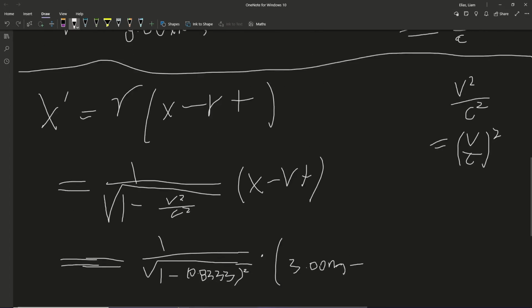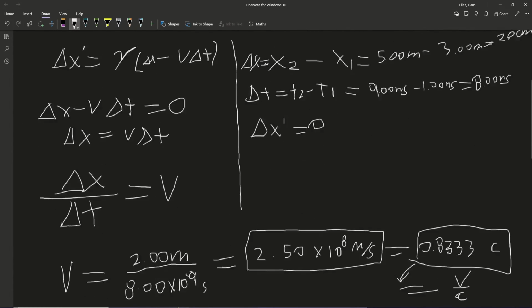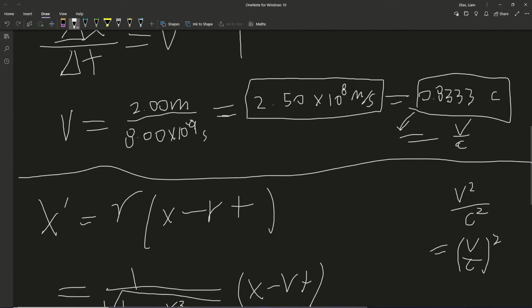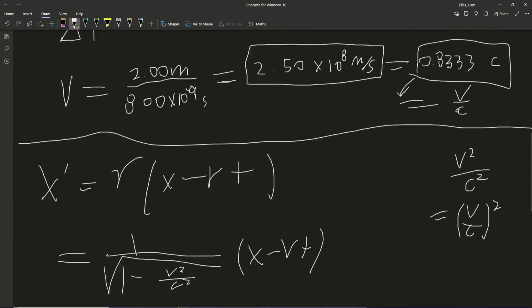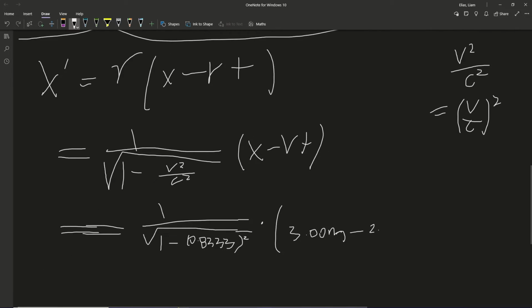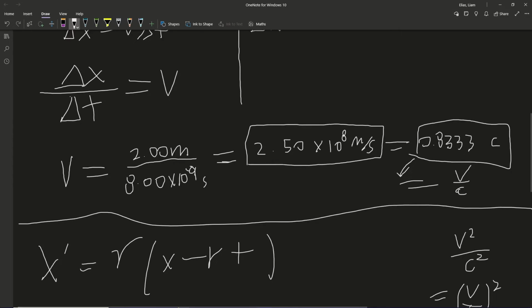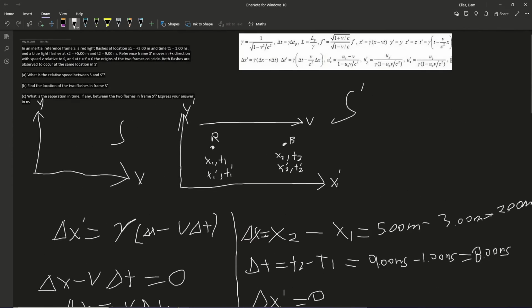So our v here is going to be this value. And it's easiest to use it in terms of meters per second rather than c at this part of the equation, just because we're dealing with meters already. So we have 2.50 times 10 to the 8 meters per second, and that's going to be multiplied by the time.